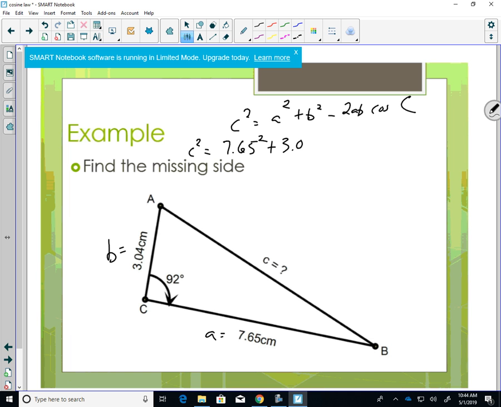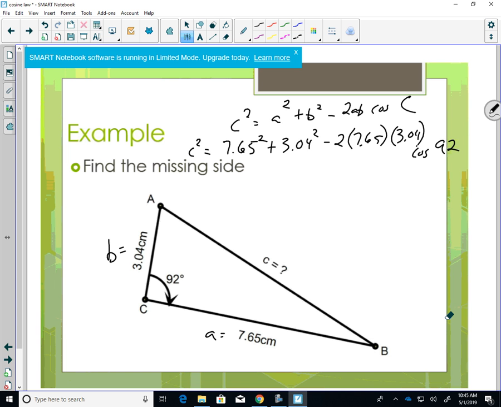How this squared works is you multiply it by itself, 7.65 times 7.65, but you use the squared button in your calculator. Minus 2 times a, 7.65, times b, 3.04, times cosine 92.